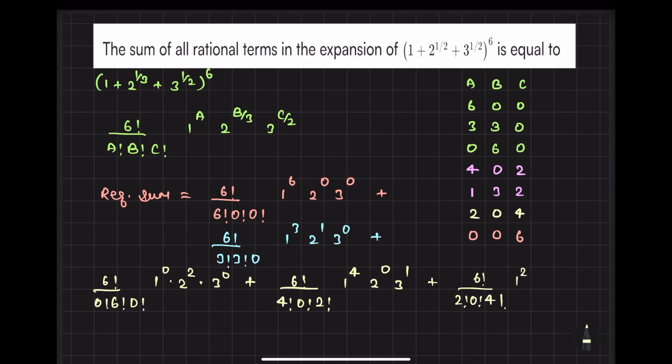So it is 1^2, 2^0, and 3^2. Now we have the last case as 6!/(0! 0! 6!), 1^0, 2^0, and 3^3, because 6/2 will become 3.